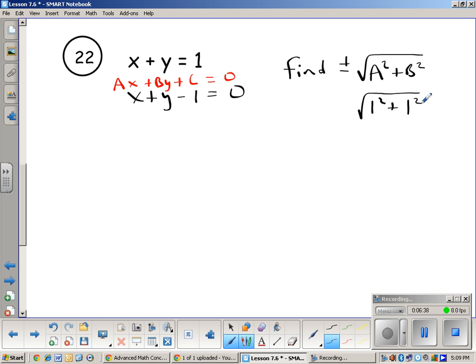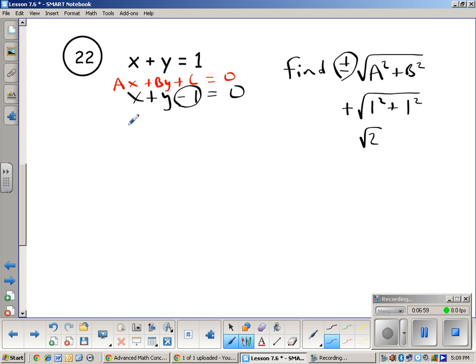Okay? And then the sign we choose, remember, needs to be opposite the sign of c. So it's going to be a positive. And 1 squared plus 1 squared is 2. And so we get the square root of 2. And so we divide every term by the square root of 2.